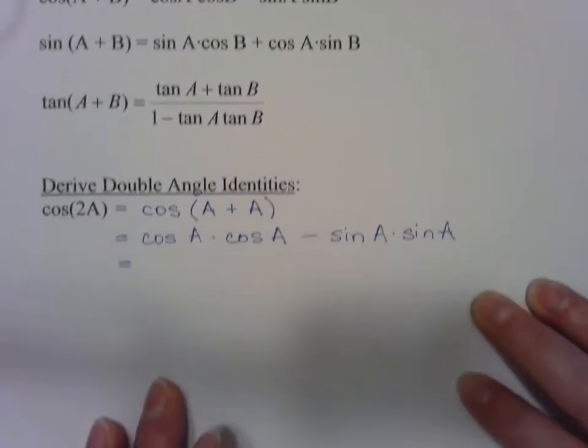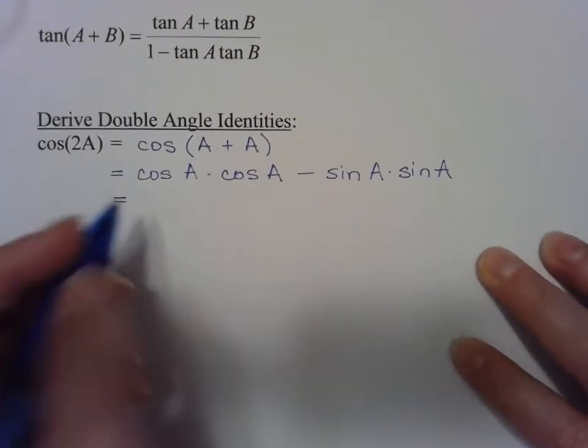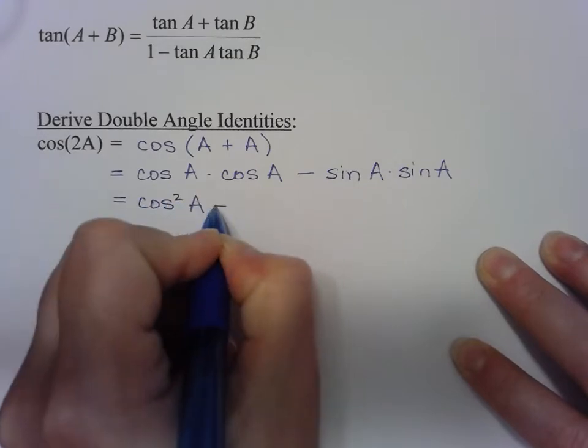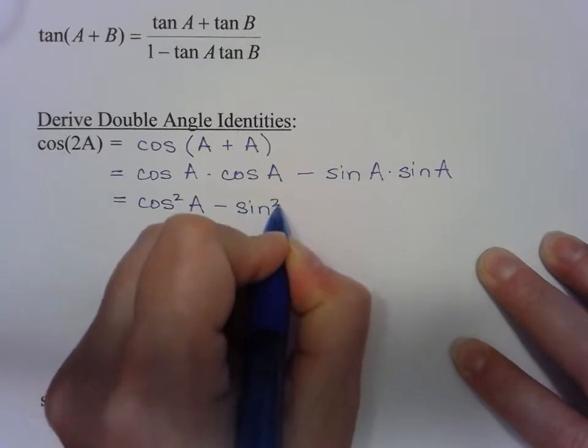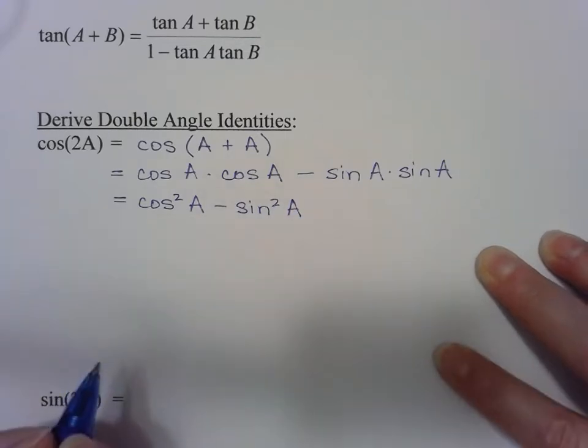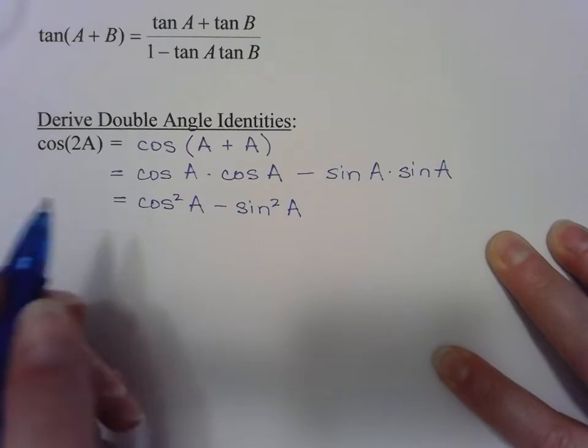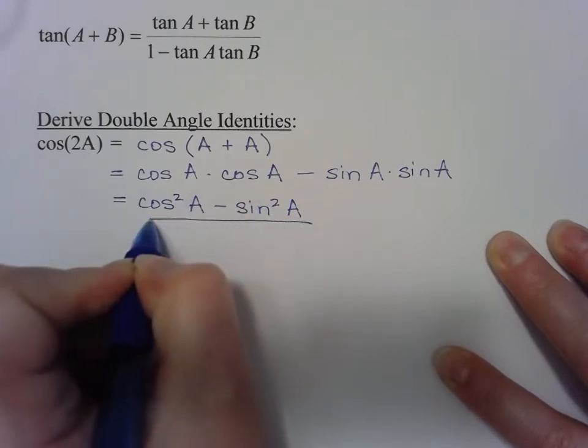And since these are both the same, it's going to look like the cosine squared of A minus the sine squared of A. This is one form of the identity.